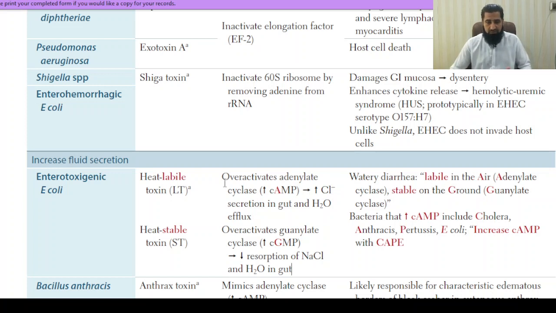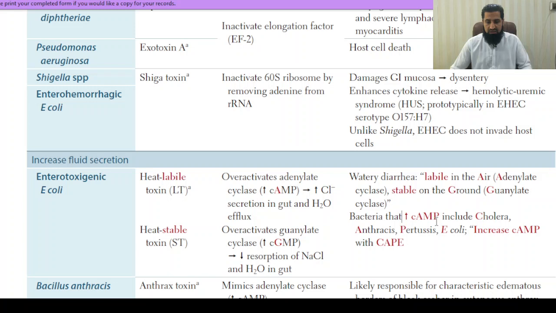How to remember which one activates cyclic AMP and which activates cyclic GMP: labile in ear, while stable on the ground. Labile in ear, adenylate cyclase, while stable on the ground is guanylyl cyclase.